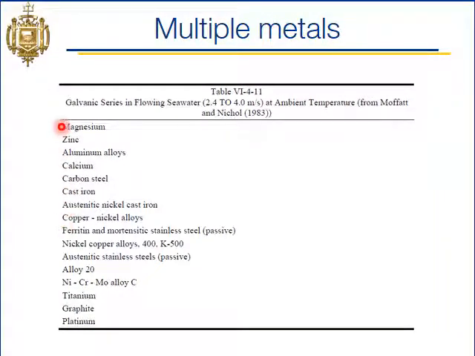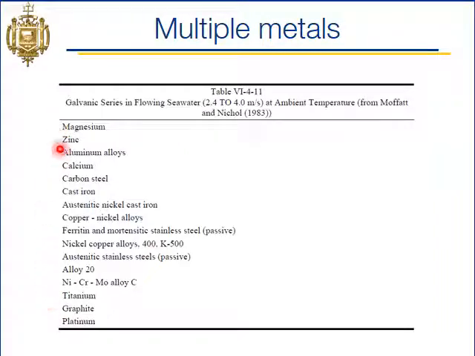So this table, in a simple manner, classifies these metals in order of electric potential when placed into flowing seawater, which is an electrolyte solution, so it allows electricity to flow. So the closer these metals are in this simple table here, the more electrically similar they are.